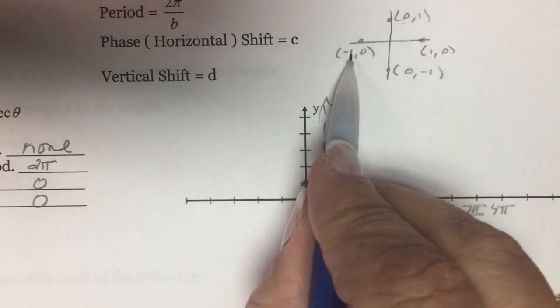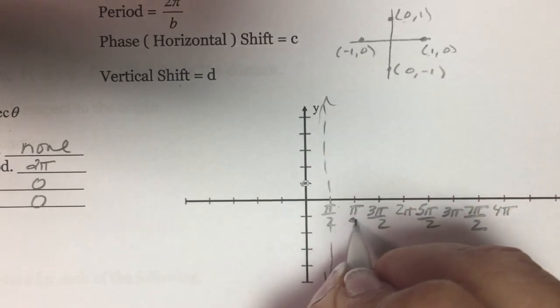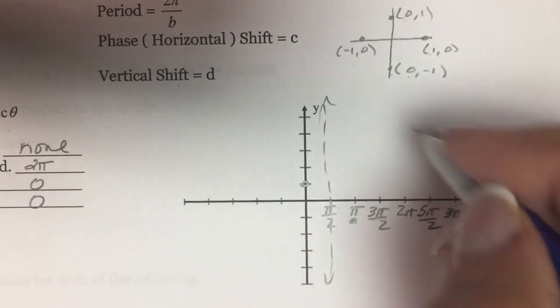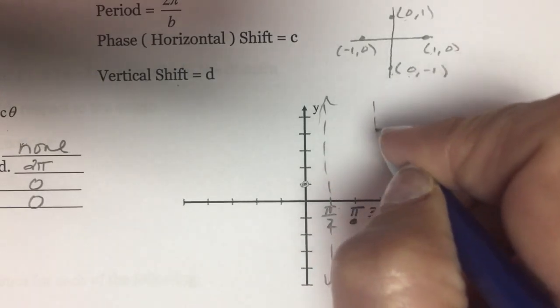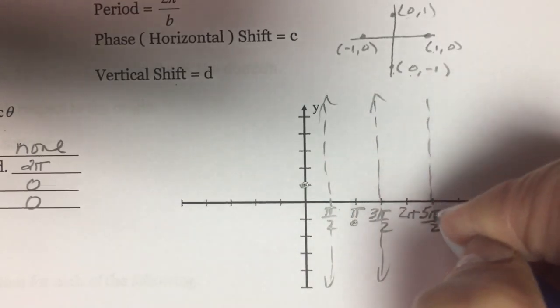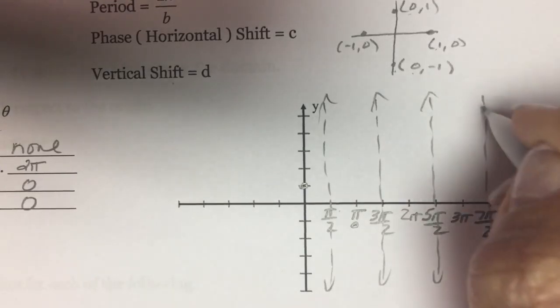Pi, the cosine is -1, which means my reciprocal is still -1. 3 pi halves, the cosine is 0. Flip it, you're going to get undefined. So just like with your cosecant function, every 2 spaces, there's going to be an asymptote.